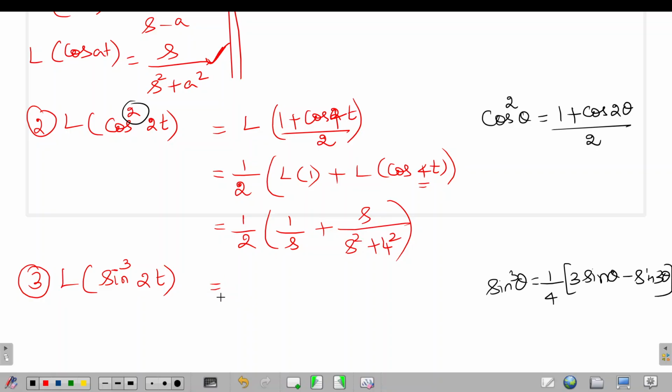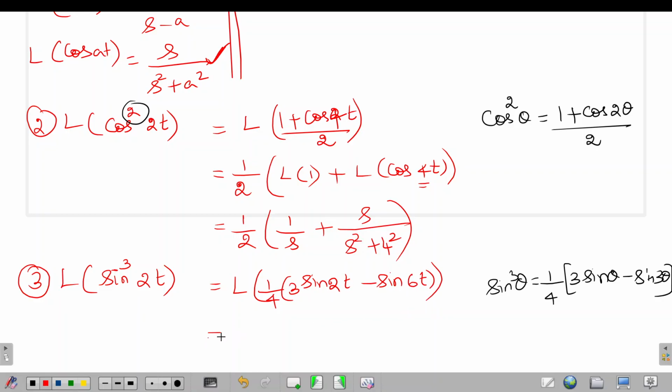So here theta is equal to 2t, so this can be written as the Laplace transform of 1 by 4 times (3 into sine 2t minus sine 3 into 2t, that is 6t).